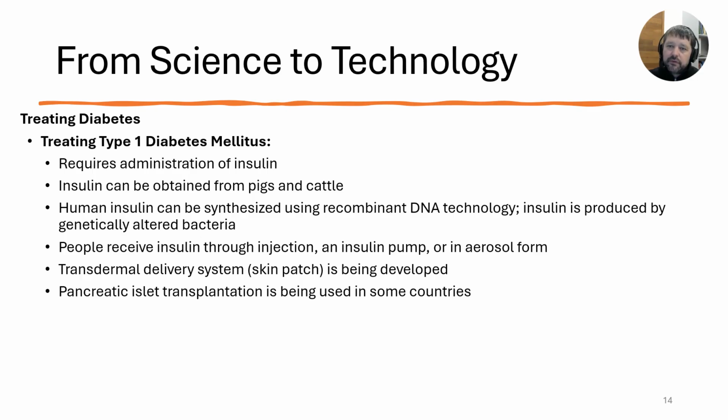There can be some issues with pig and cattle insulin, but it's easier to generate bacteria that can produce human insulin than it is to get it from pigs and cattle. So this is kind of a new approach.